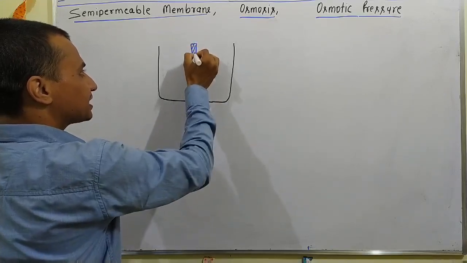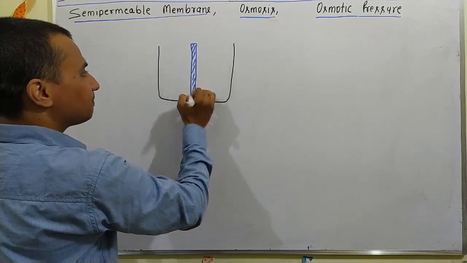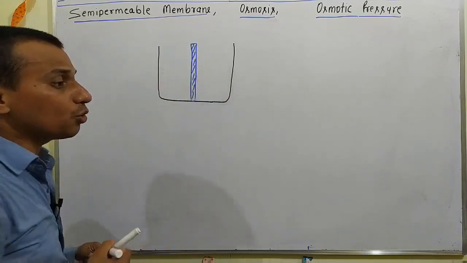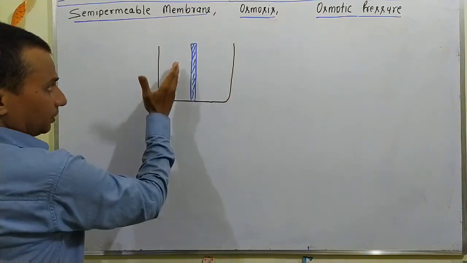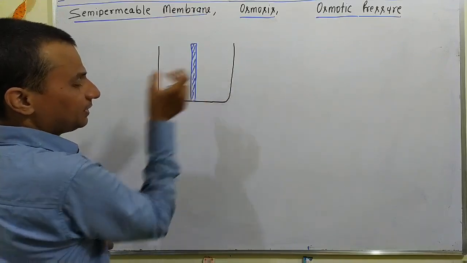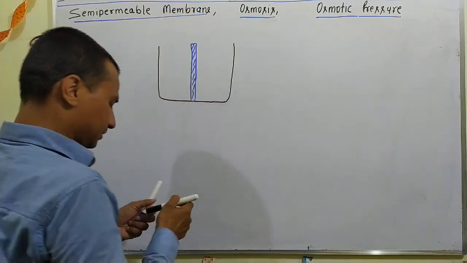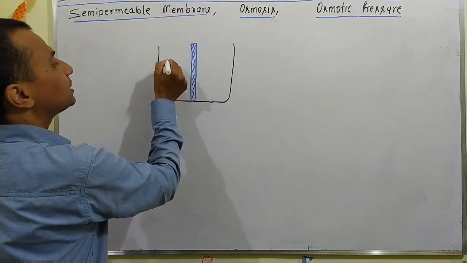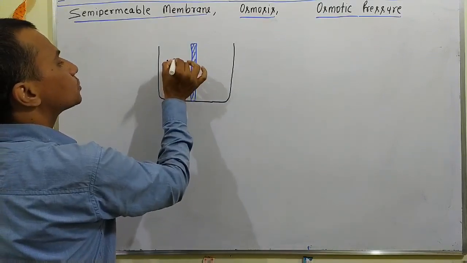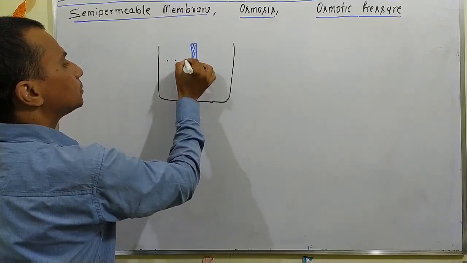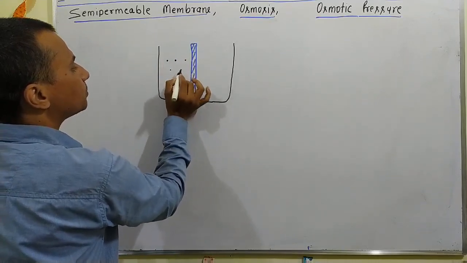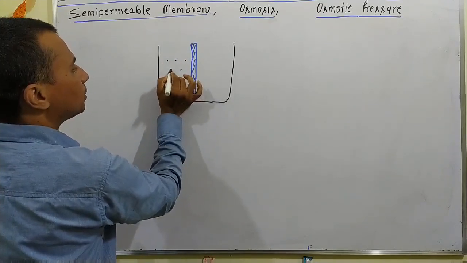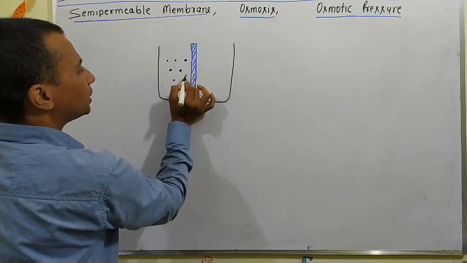This special type of membrane separates this beaker into two compartments. This is your first compartment and this is your second compartment. First compartment is full with pure solvent molecules.